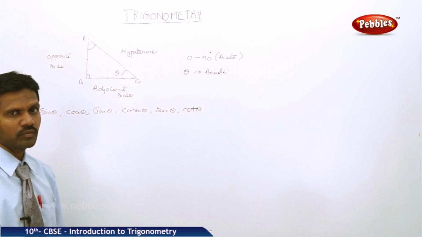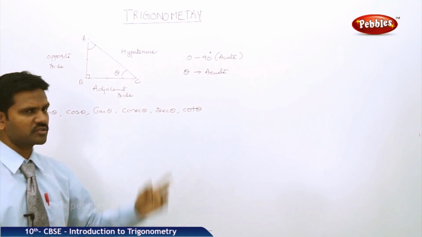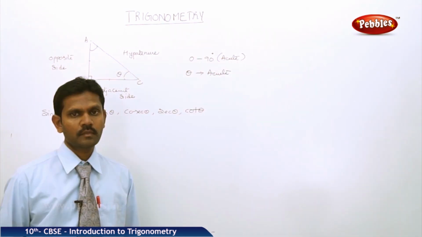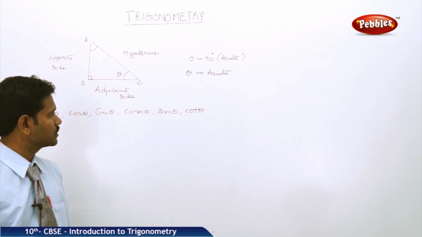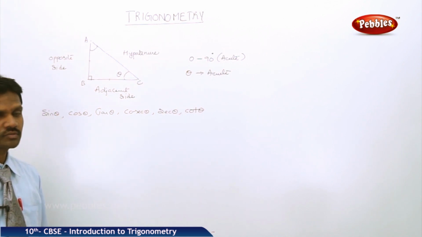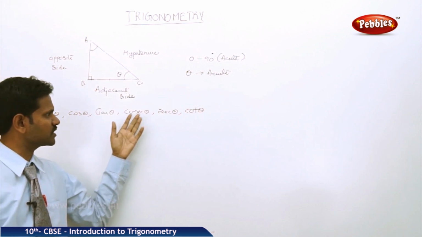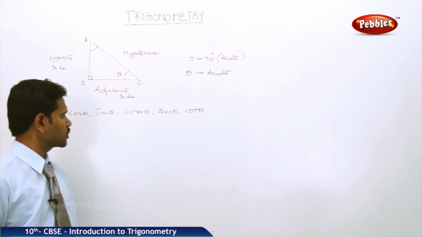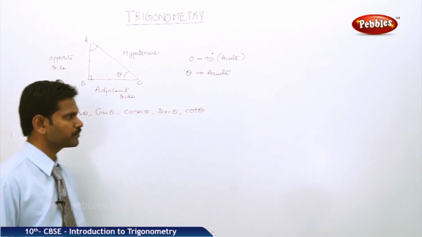In this chapter, we study these six trigonometric ratios. Those are sin, cos, tan, cosecant, secant and cot. Now let us discuss these trigonometric ratios in detail.